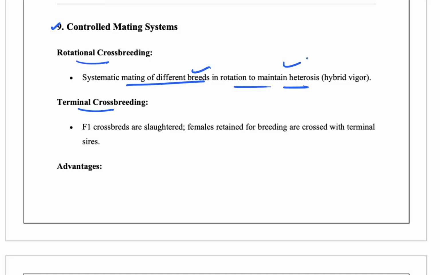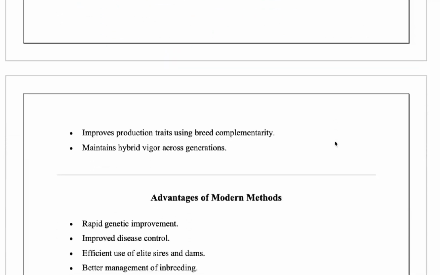That means the hybrid will always have enhanced characters compared to the parents, so positive characters will increase. In terminal crossbreeding, the F1, the first filial crossbreds, are slaughtered, and the females retained for breeding are crossed with the terminal sires. What is the advantage?